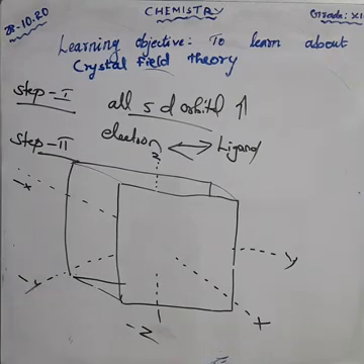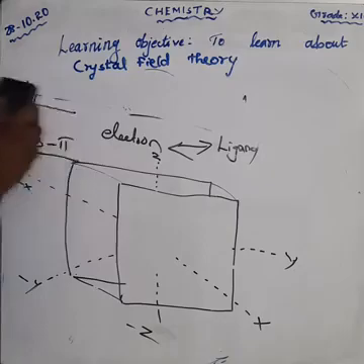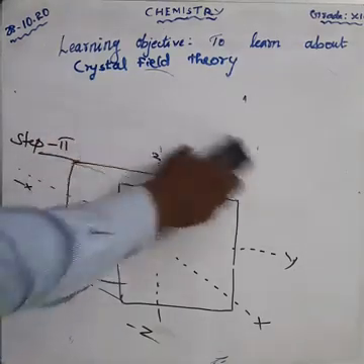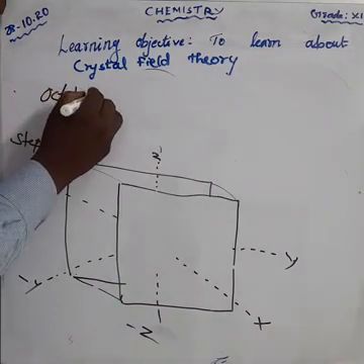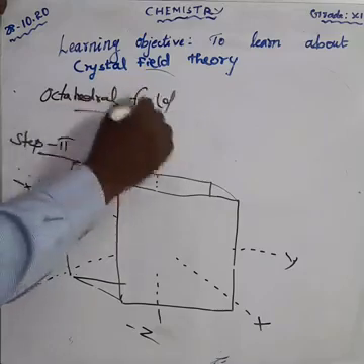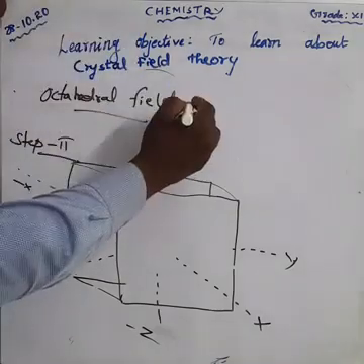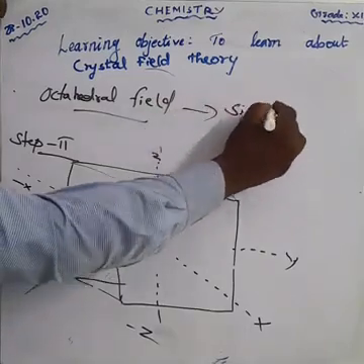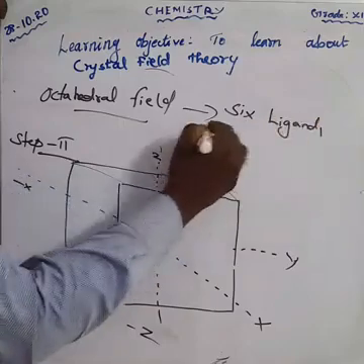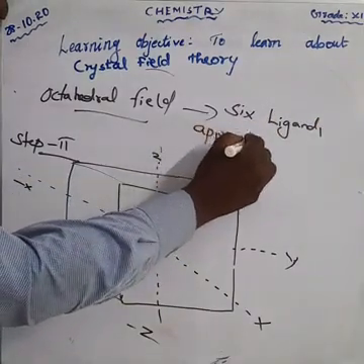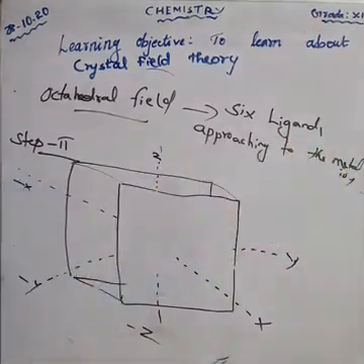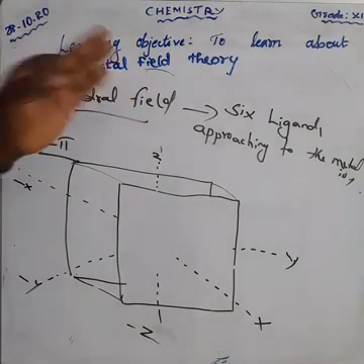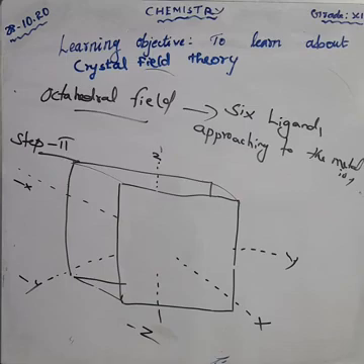Anyhow, here we are talking about an octahedral field. In the octahedral field, 6 ligands are approaching the central metal ion. How many ligands? 6 ligands.